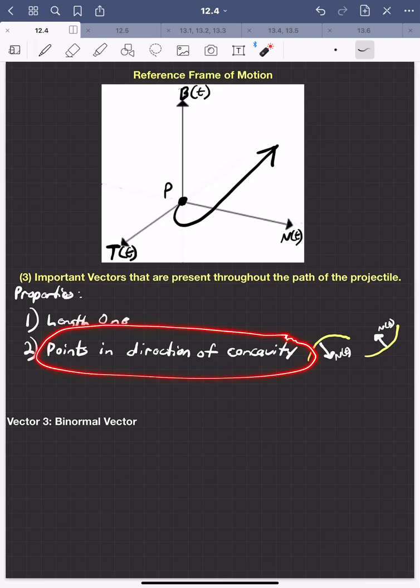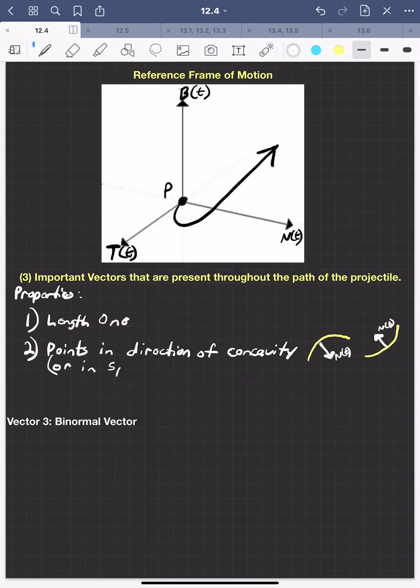So in 2 dimensions, N of t is again pointing in the direction of concavity, but in space, it's pointing in the direction of turning. So let me write that: or in space, the direction of turning.